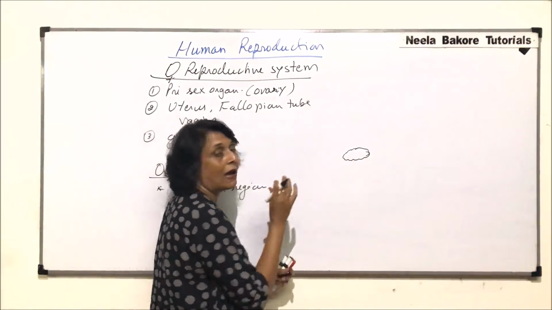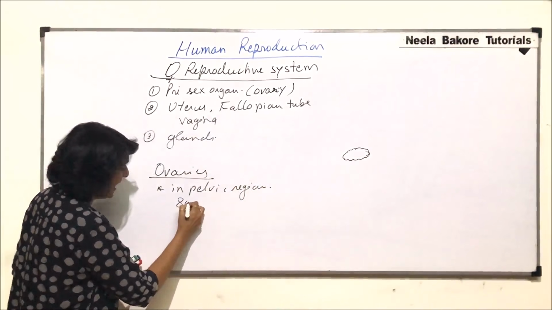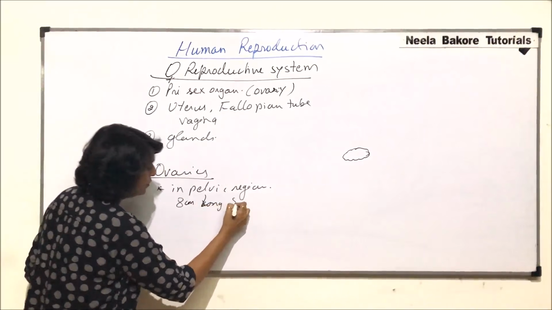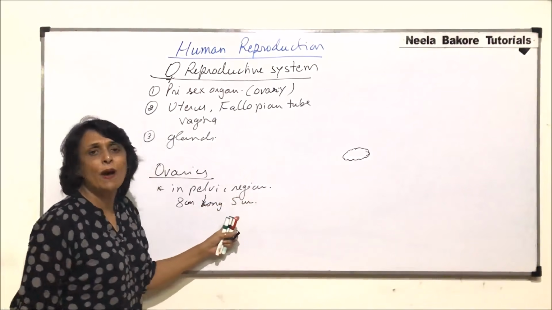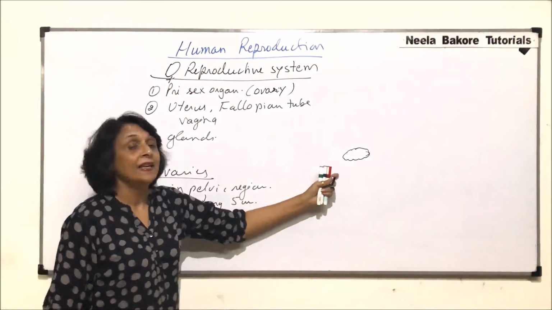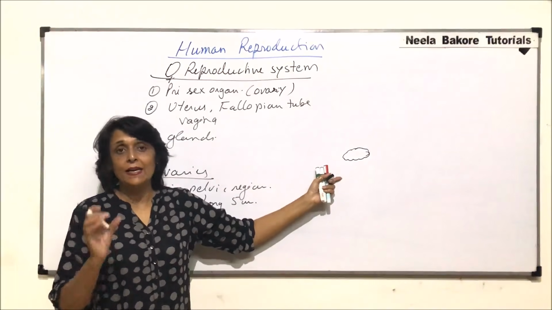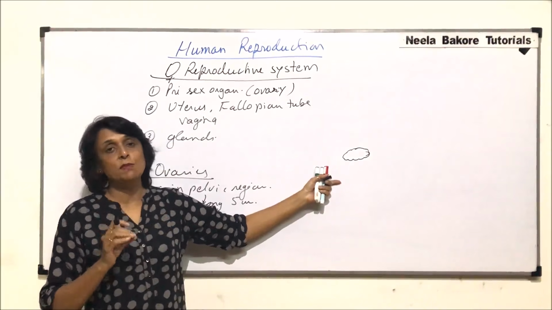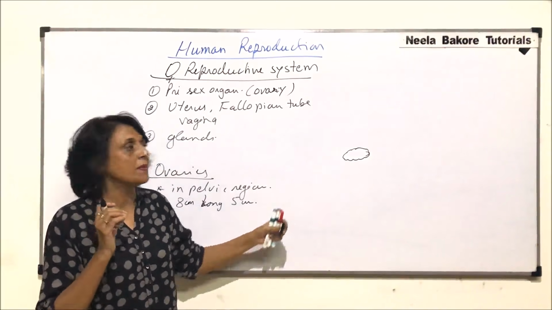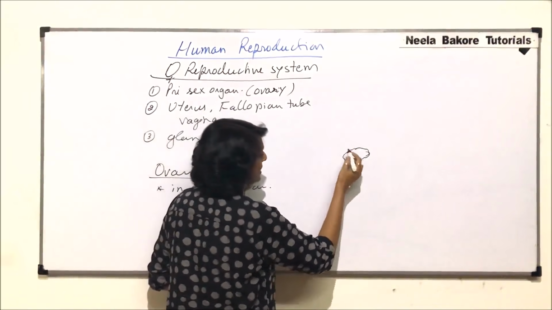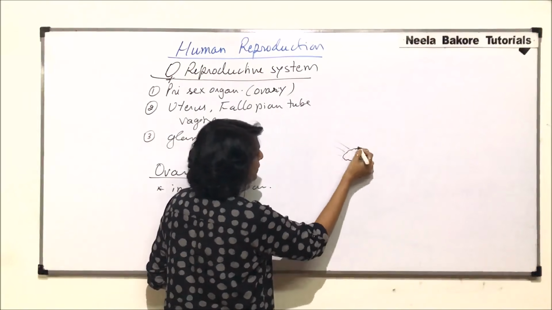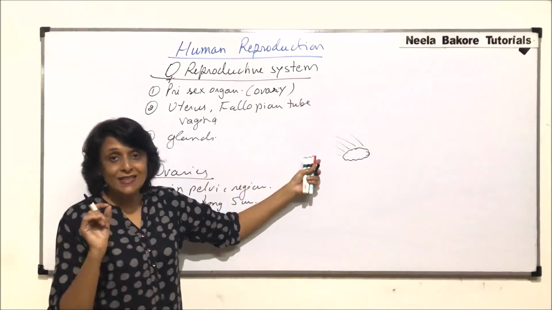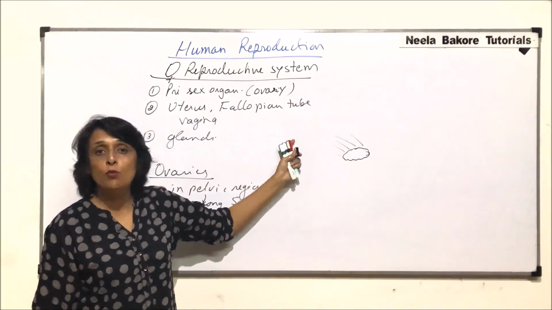So they are small, almond-shaped, approximately 8 centimeters long and about 5 centimeters wide. So a small gland. They are suspended in position with the help of certain mesenteries. Mesenteries are thin mucous membrane folds. There are transparent mucous folds, one of which attaches the ovary to the body wall.